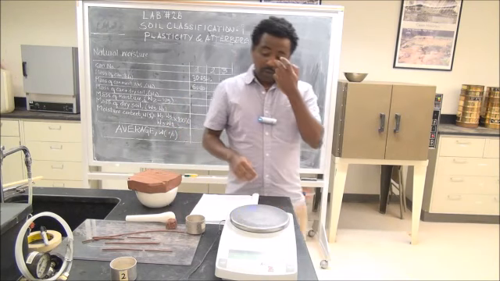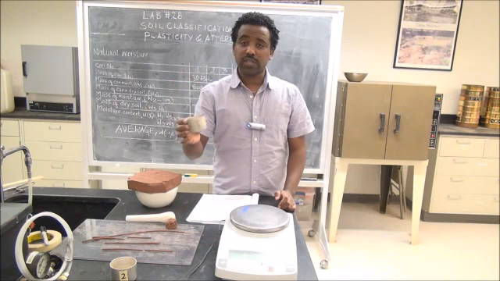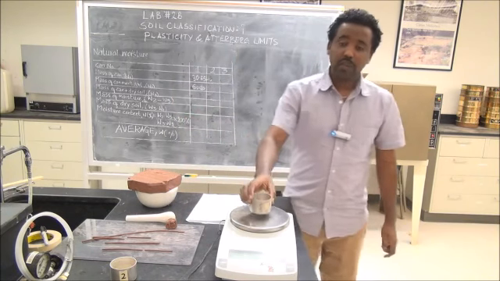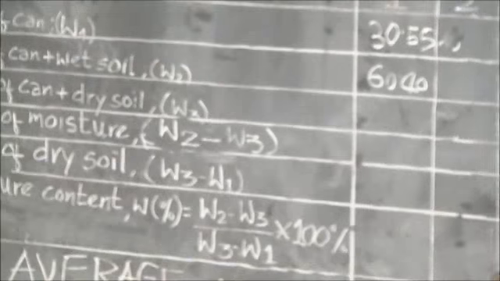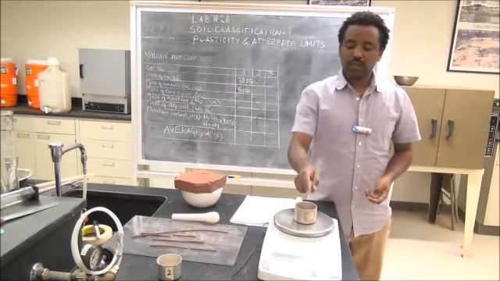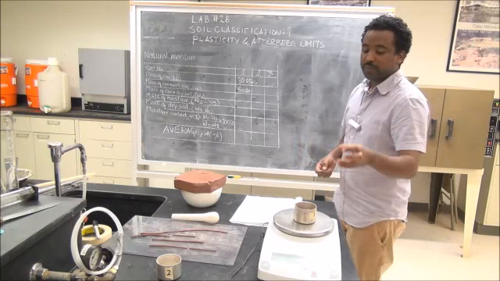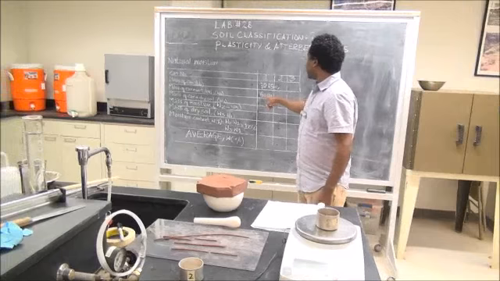First we need a moisture can. We need to measure it first and then record it. It is around 30.55, and then we put our sample. Then we measure both the can and the soil together, so we have 60.40.